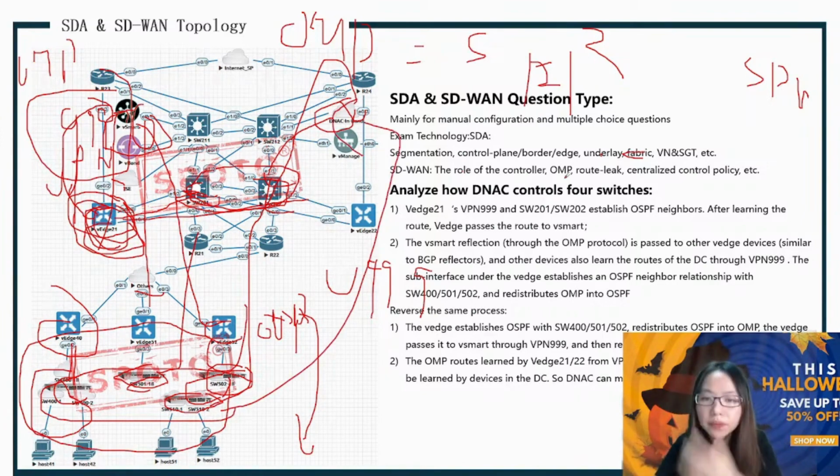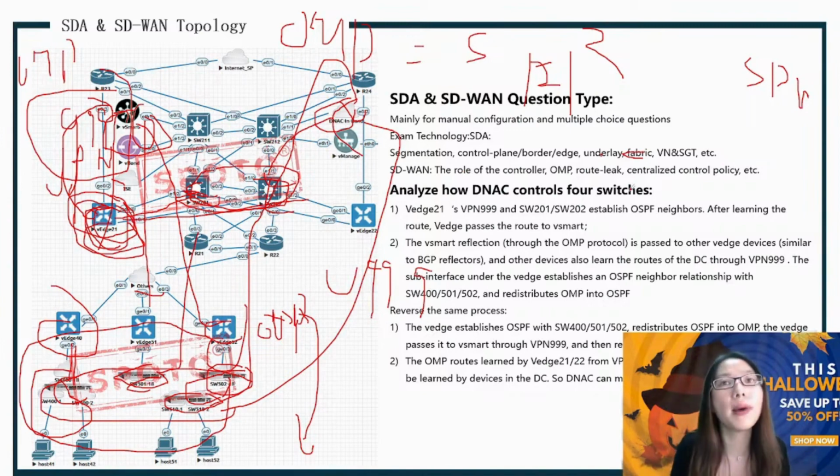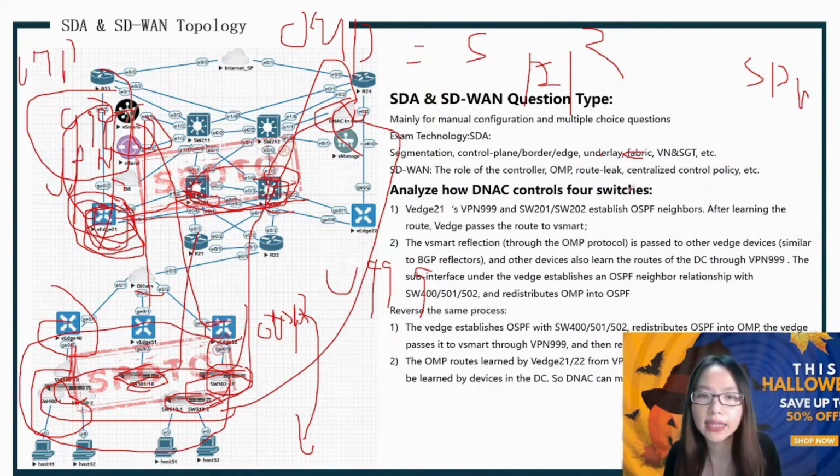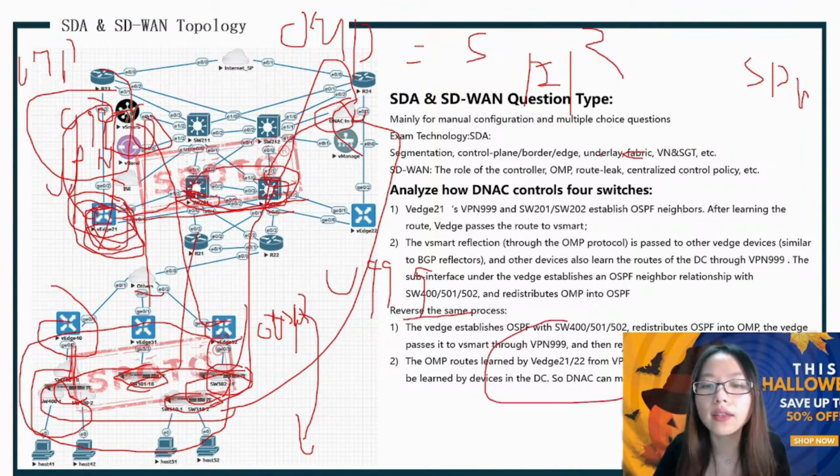That's about the underlay data. The reverse is the same process, so I don't need to introduce it again.